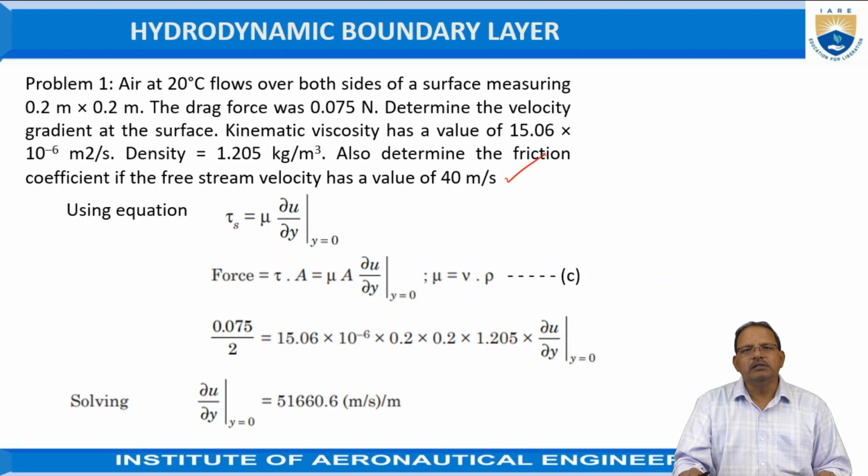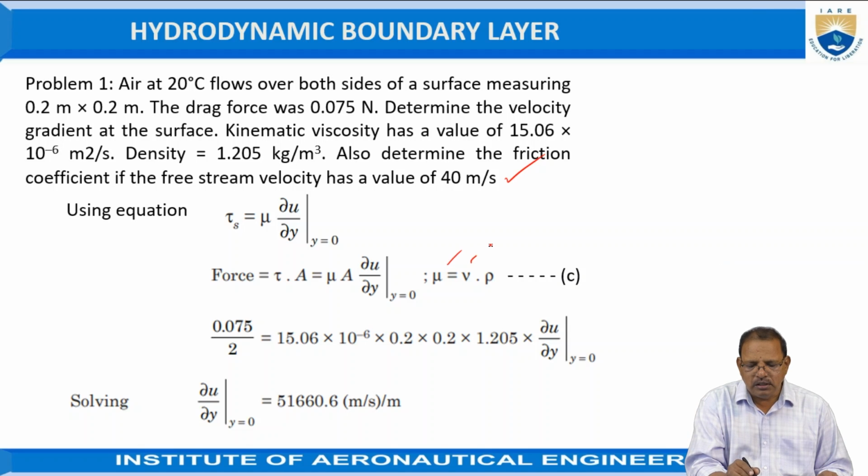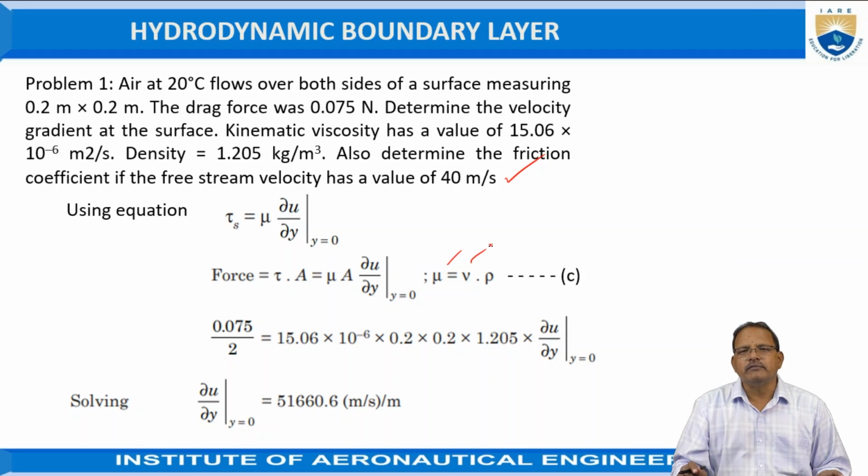Here using the relation, tau_s, the shear stress, is given by mu du/dy, where mu is the dynamic viscosity. Dynamic viscosity is the product of kinematic viscosity multiplied by the density.